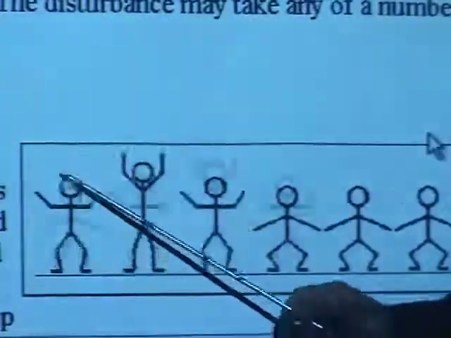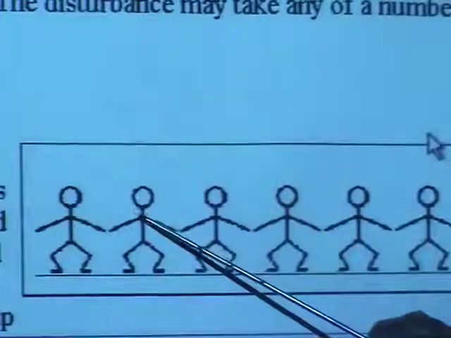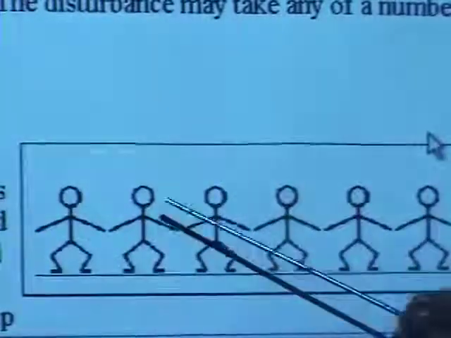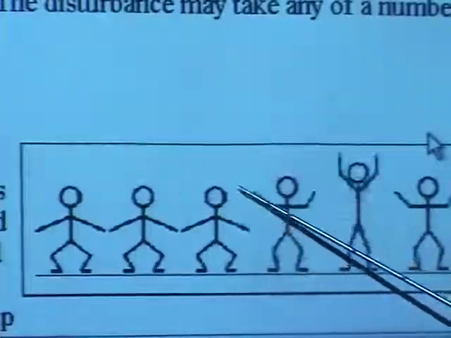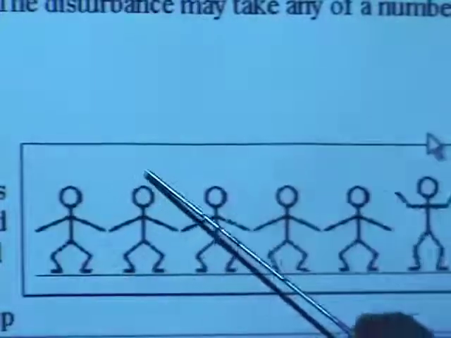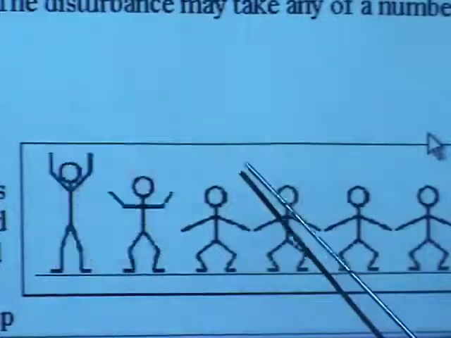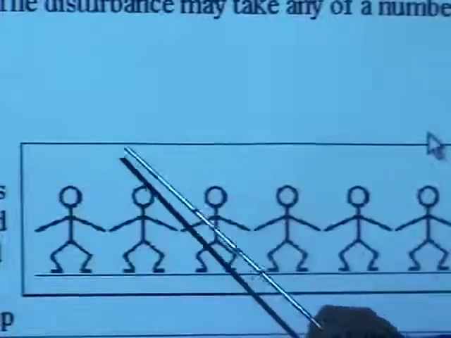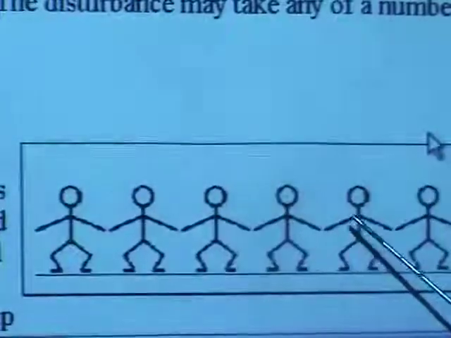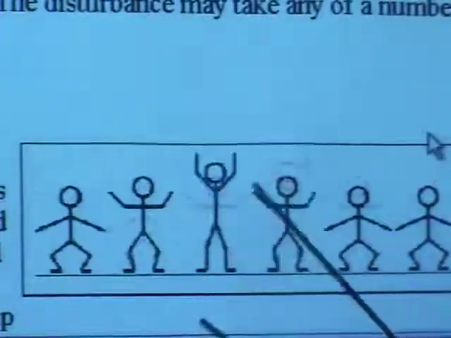The first particle begins to vibrate, the second particle begins a little later, and look at how the profile gets generated. Now this is called a wave profile. What is the profile due to? The profile is due to the fact that there is a progressive phase difference between particles in vibration.